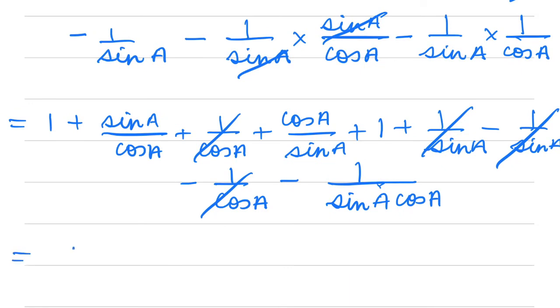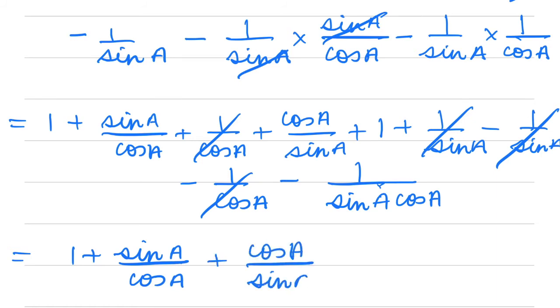We are left with 1 plus sine A by cos A plus cos A by sine A plus 1 minus 1 by sine A cos A.